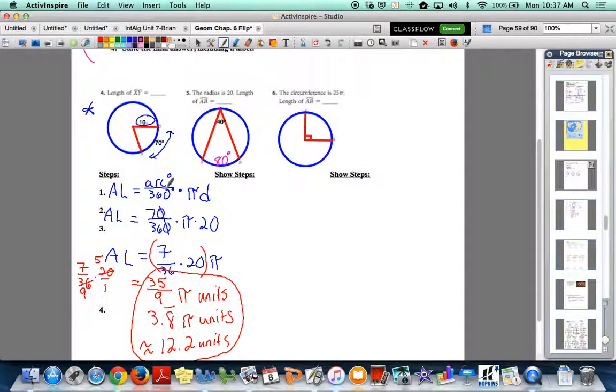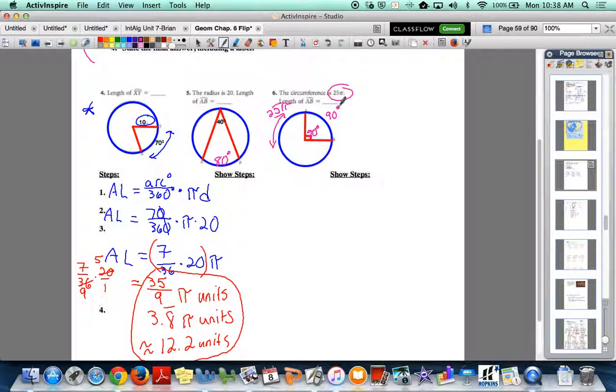We've got now a circumference that's given. So we're given the distance all the way around is 25 pi units, and we're given a central angle of 90 degrees here, which of course means that my arc measure is 90 degrees.